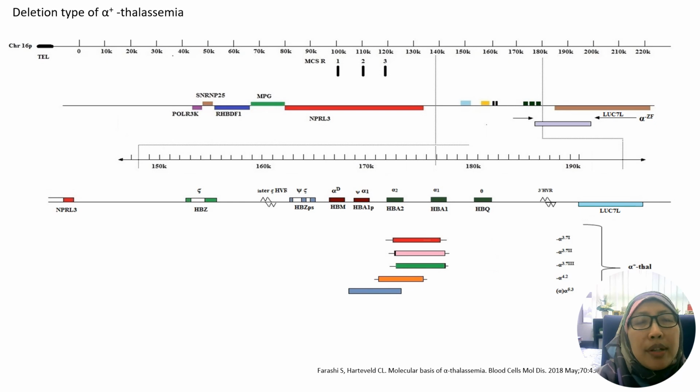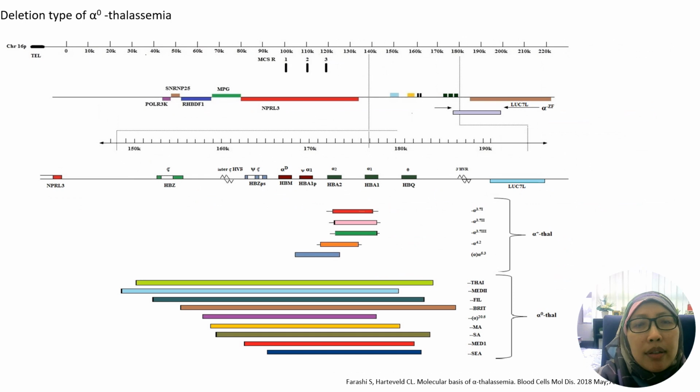This is to show a summary of the most common alpha plus thalassemia deletions, and the bars indicate the length of the deletion. This shows the most common alpha naught thalassemia deletions, and the bars indicate the length of the deletion.